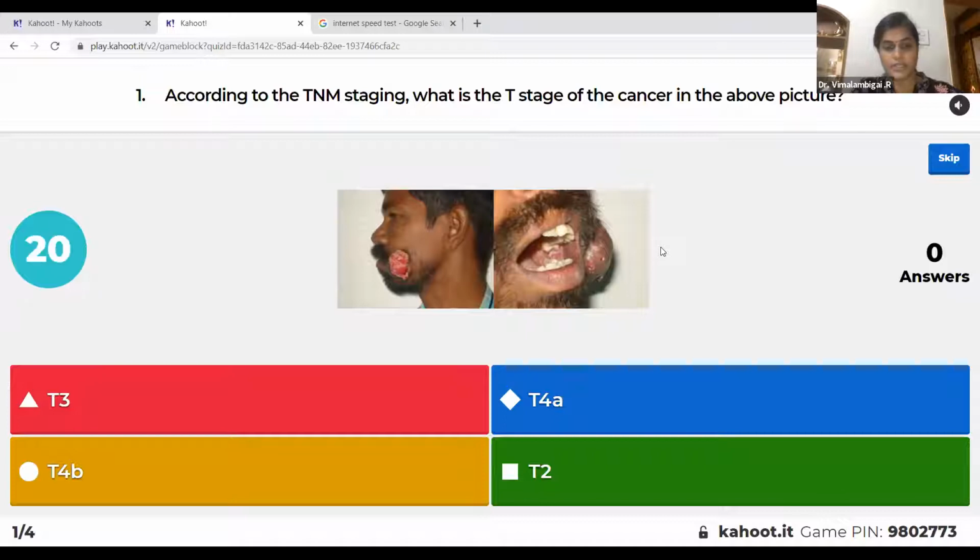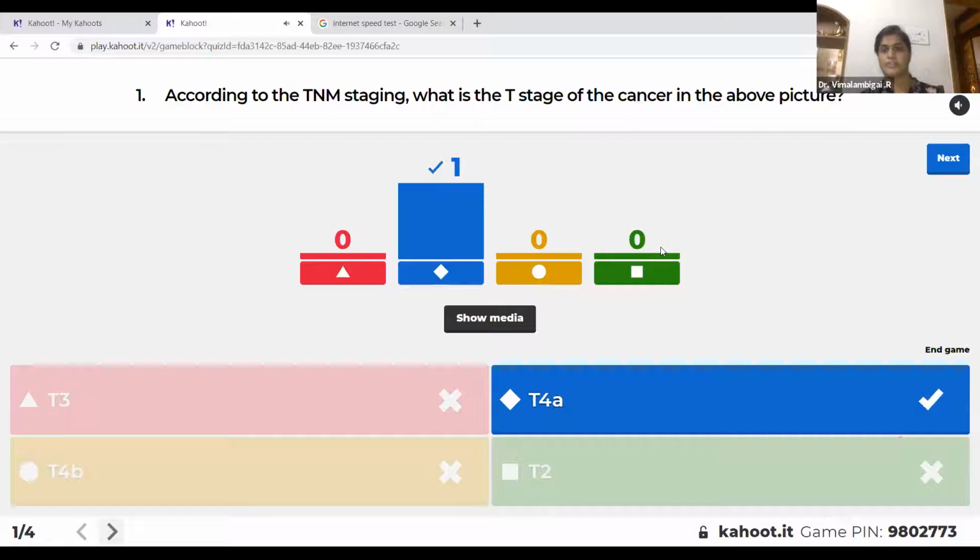T3, T4A, T4B, or T2? T4A, correct. So basically a verrucous carcinoma of the buccal mucosa, which has extended to involve the skin. T4B is when it involves the masticatory muscles, or it goes on to involve the carotid space or base of skull. So T4A is the correct answer.